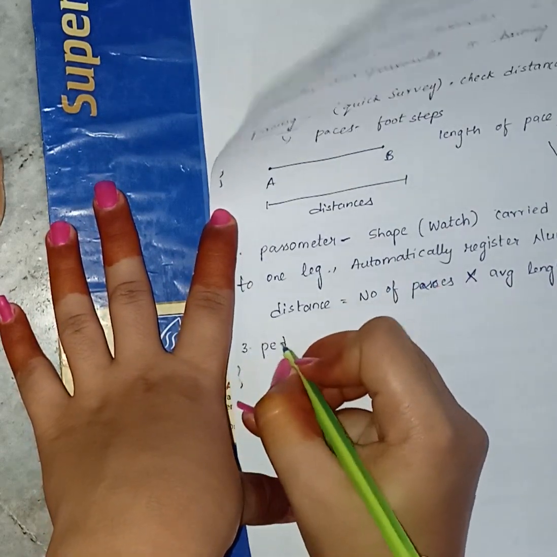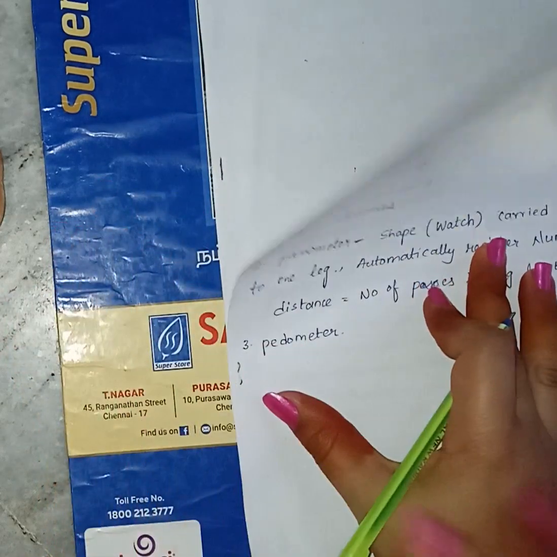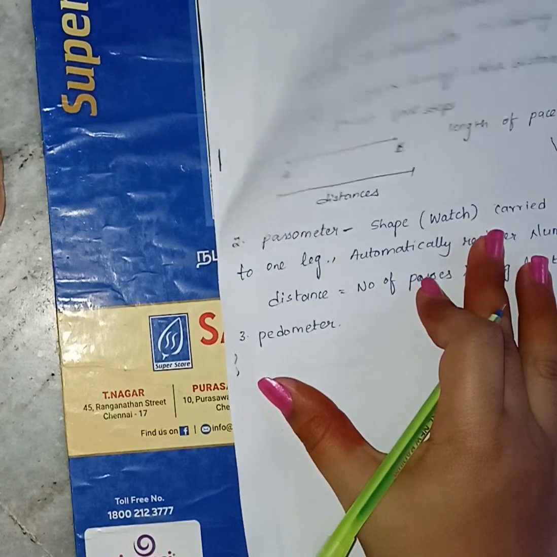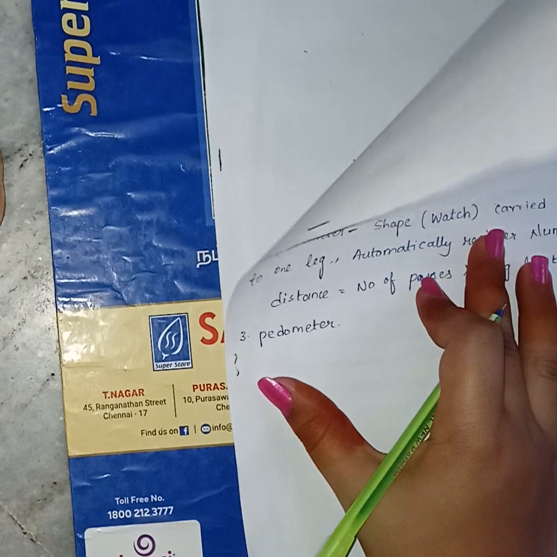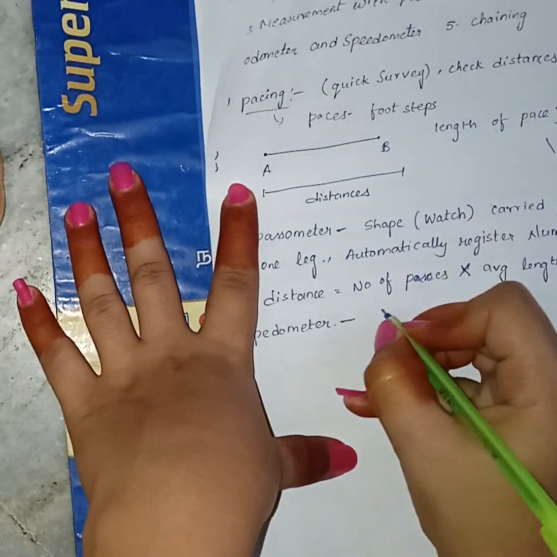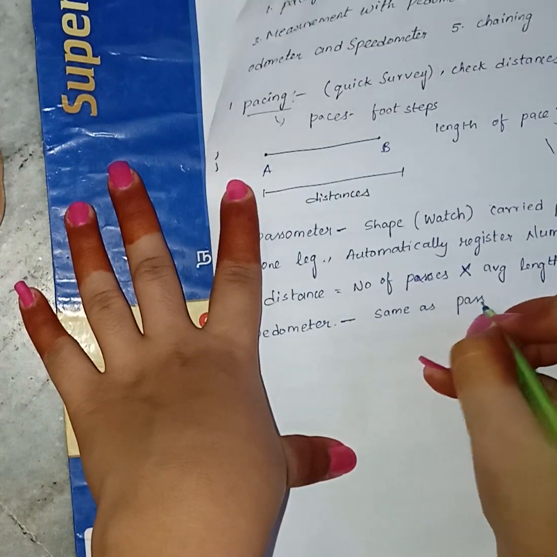Third one is measurement with pedometer. The pedometer is a device which is similar to passometer, except that it is adjusted to the length of the pace of the person carrying it. It registers the total distance covered by any number of paces. This pedometer is same as passometer.